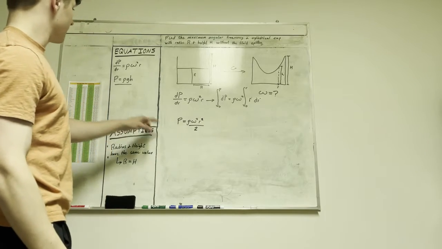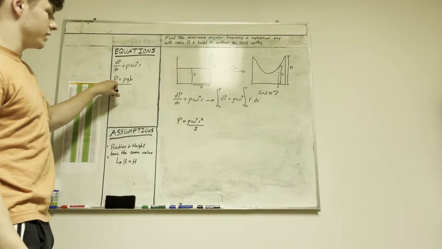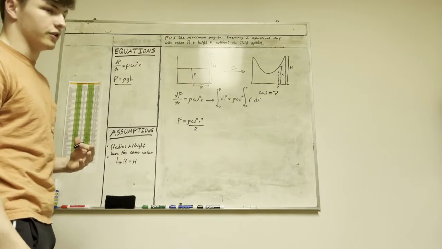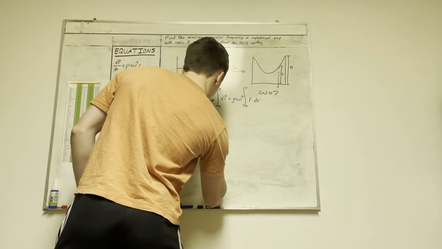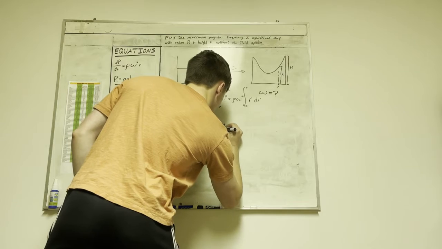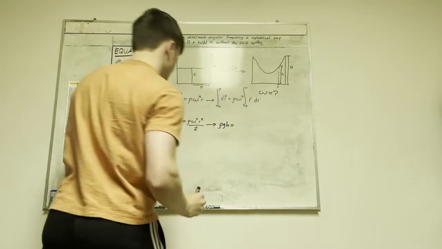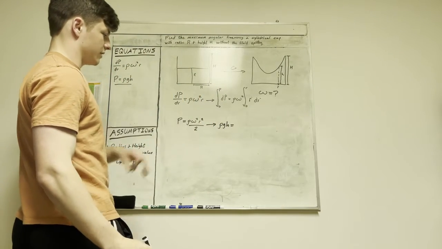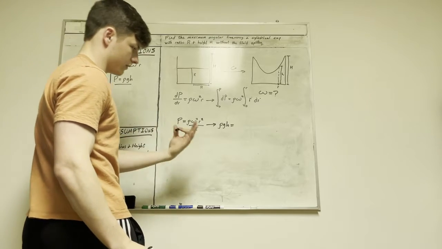Like we said earlier, we're now going to sub this equation back in for pressure and then solve for height. So we have rho g h equals rho times omega squared r squared divided by 2.